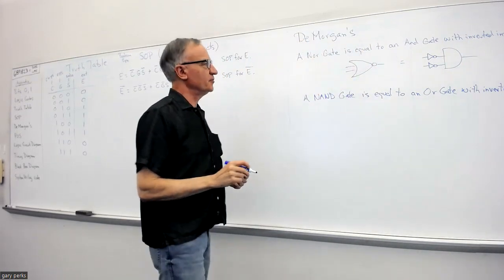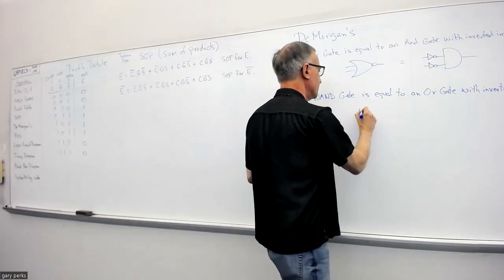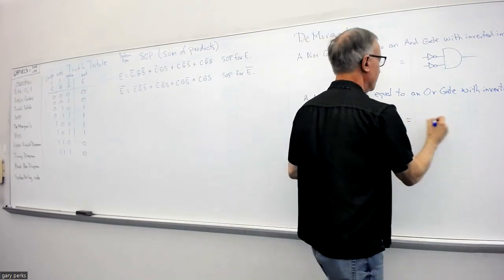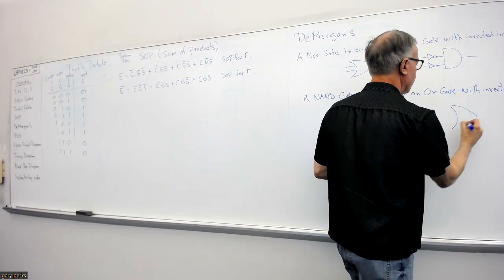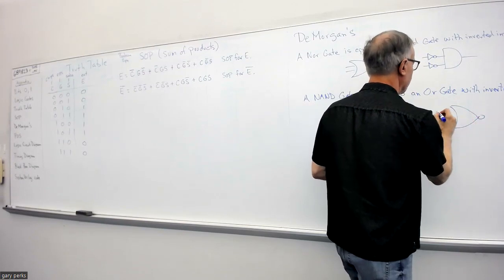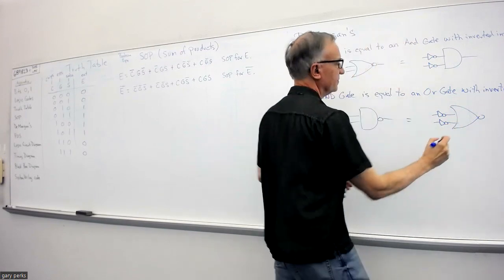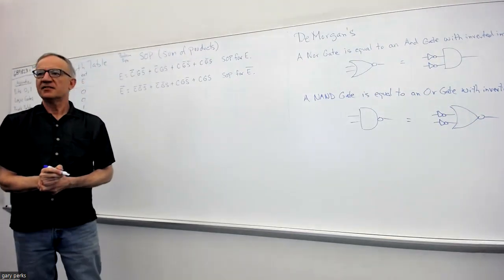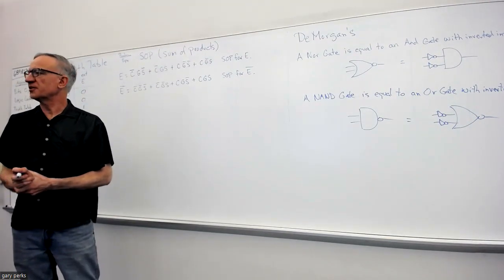Okay, so that's how you would say it in words, and then in symbols, here's the NAND gate symbol, and it's equal to the OR gate with inverters on the input. Okay, so there's two parts to De Morgan's.